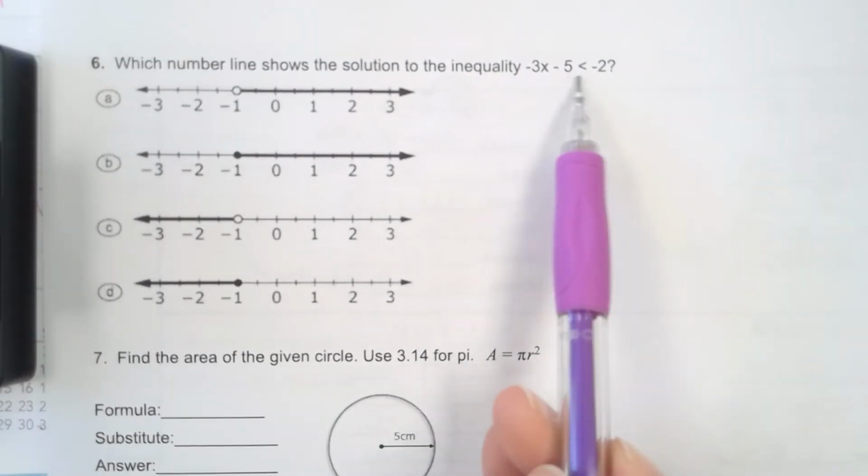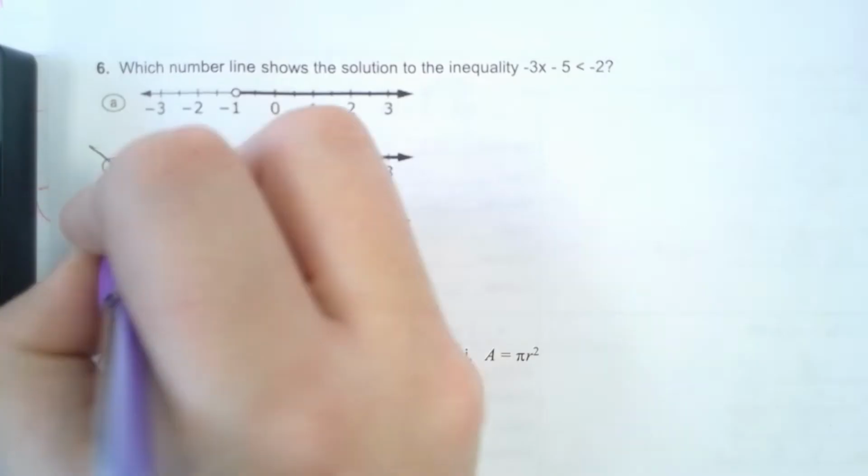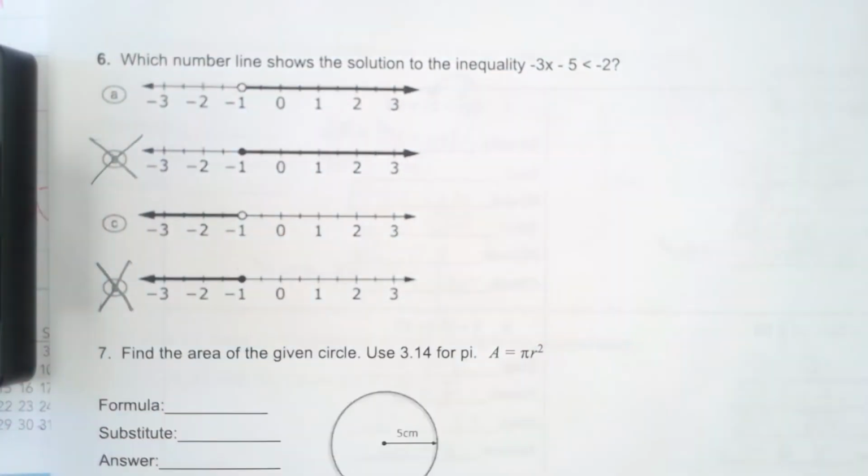Well, based on our inequality, we know for sure that our graph has to be an open circle because it does not have that equal to line. So all the graphs over here that have the closed circles are not going to be the answers. So I know for sure that it's going to be A or C.